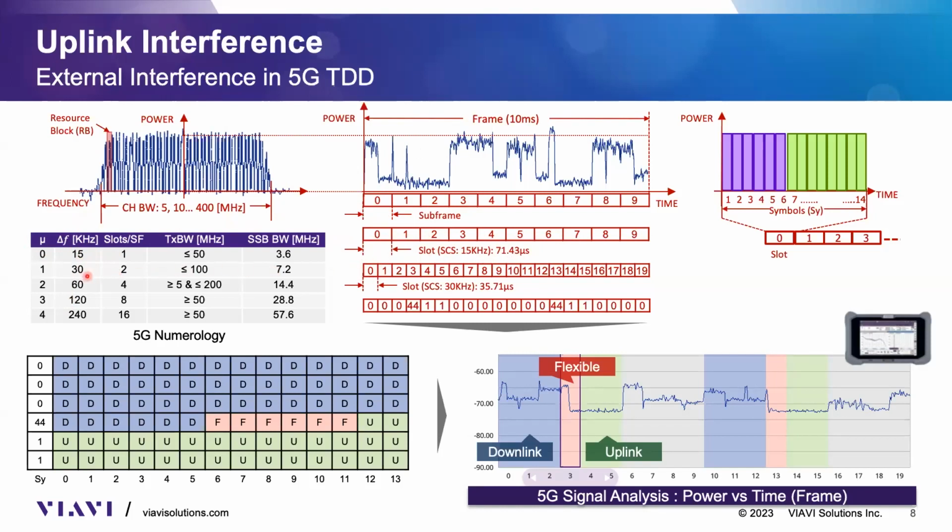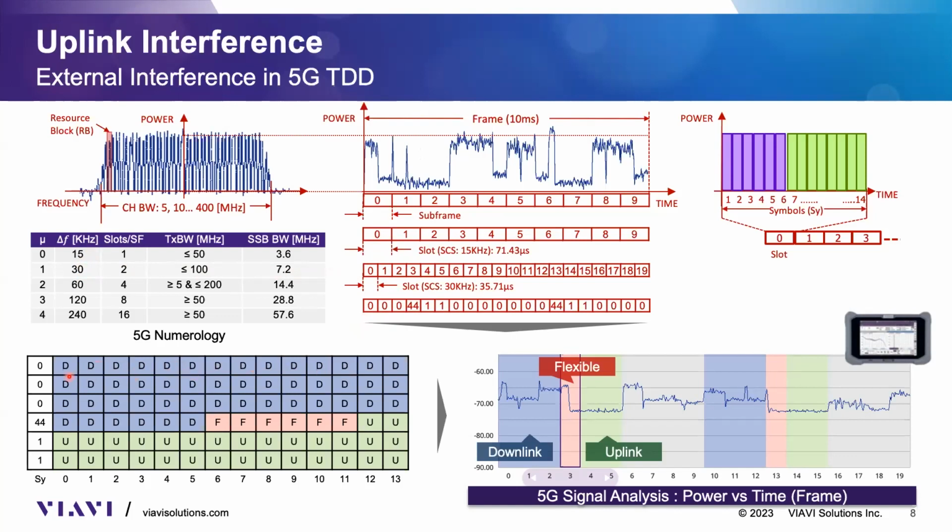Now, if we are in C-band, for example, the numerology being used is 30 kilohertz. So that therefore I have now 2 different slots per subframe. So that goes down to 35 microseconds. Now, if I look into each of those slots, I have different symbols.